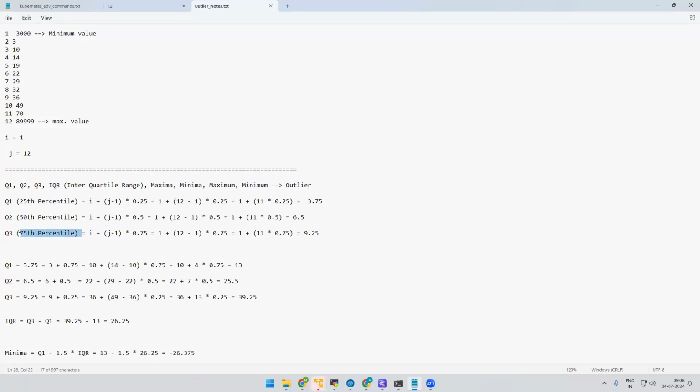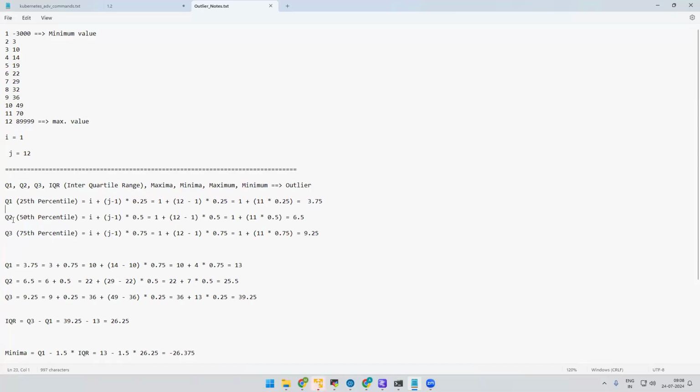In df.describe, we have seen 25%. Actually, I told you that it is not a percentage, it is a percentile, and I will explain these percentiles later, right? Now we are going to calculate Q1, Q2, Q3, that is the 25th percentile, 50th percentile, 75th percentile.